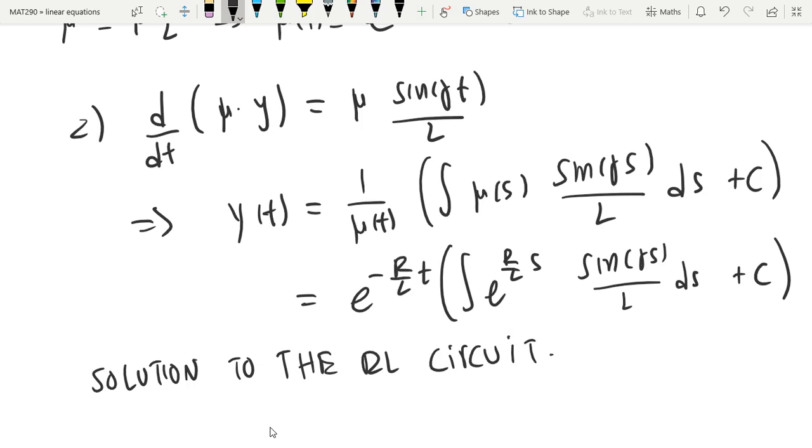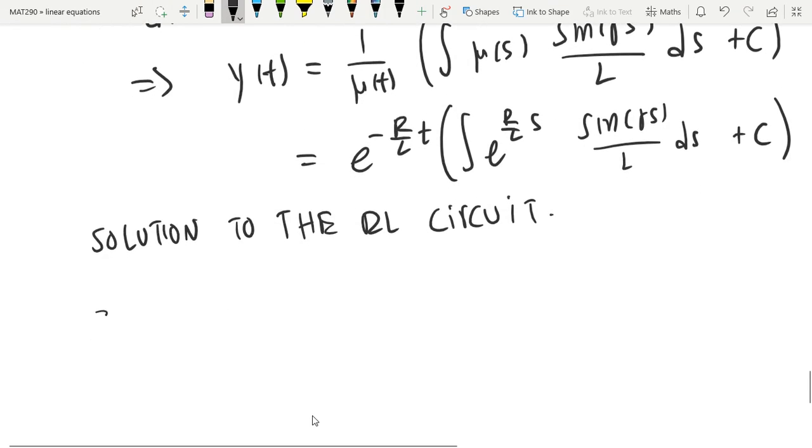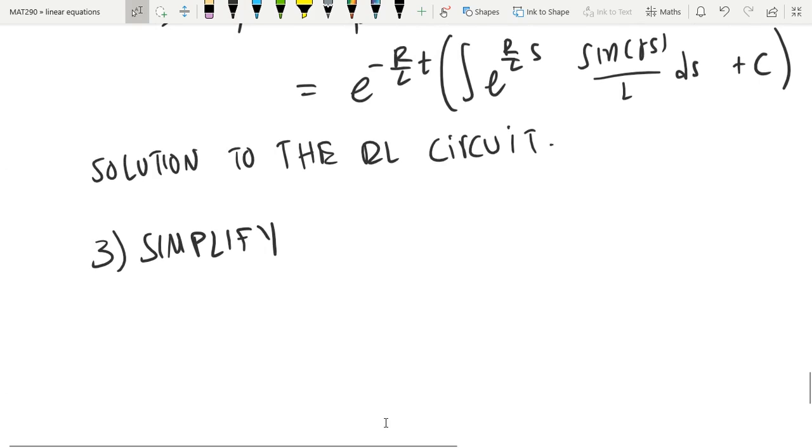Okay, but we can simplify this solution. So let's try that. So simplify. Okay. So of course the toughest part is evaluating that integral.